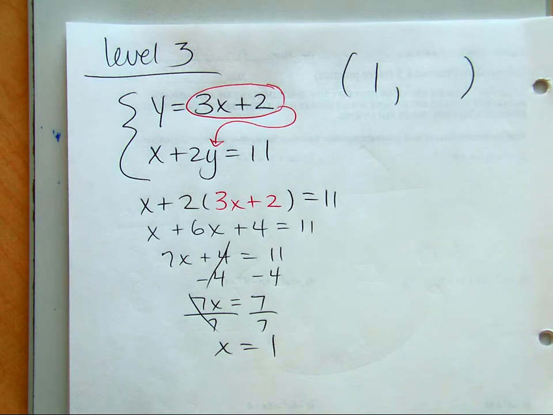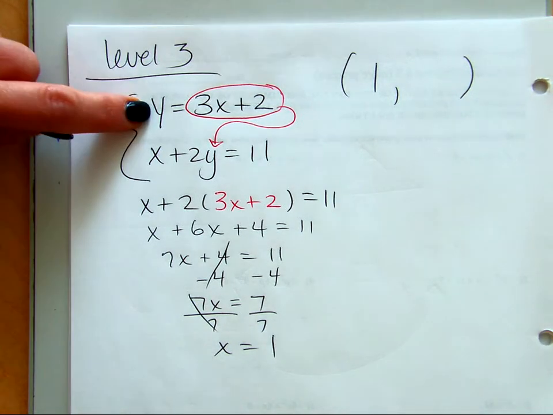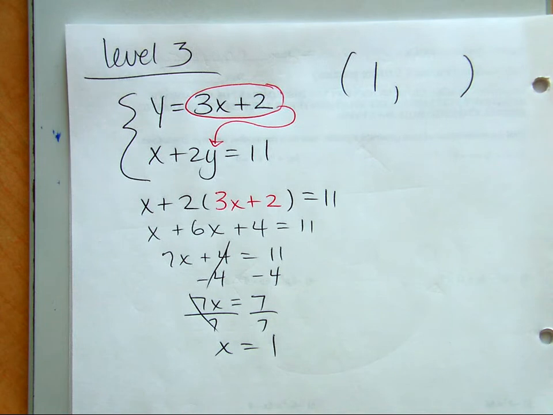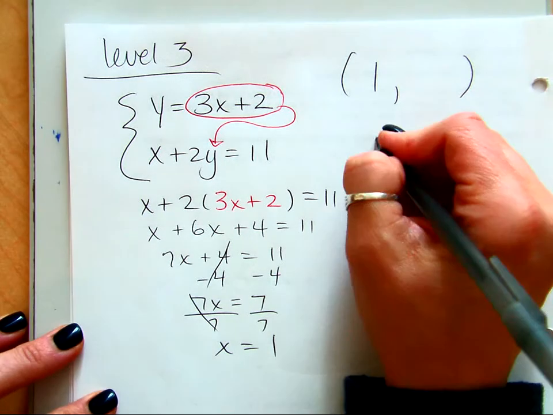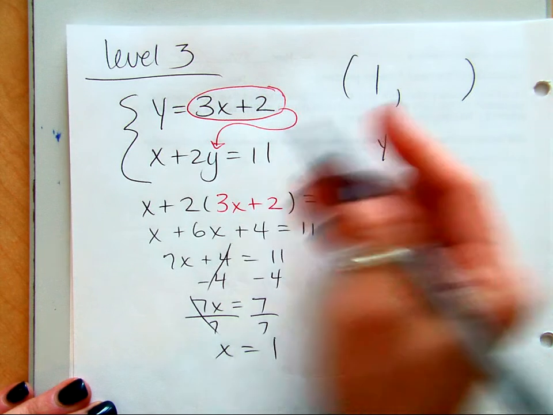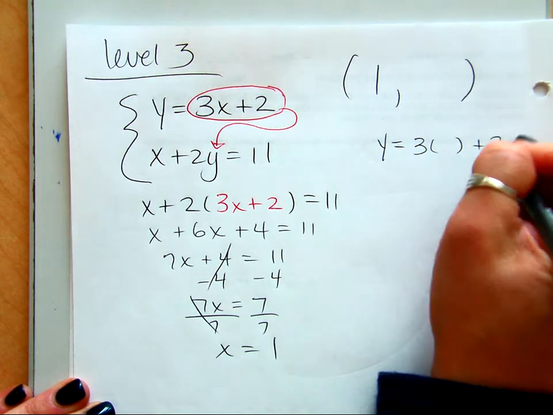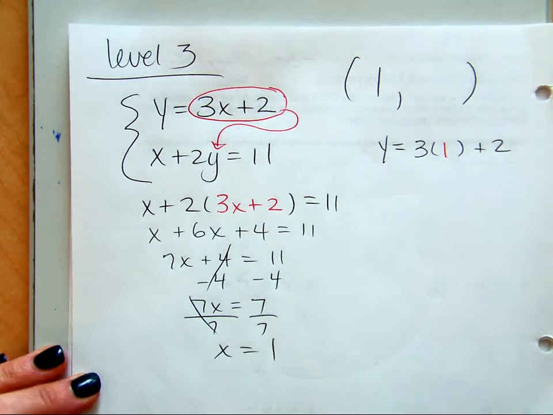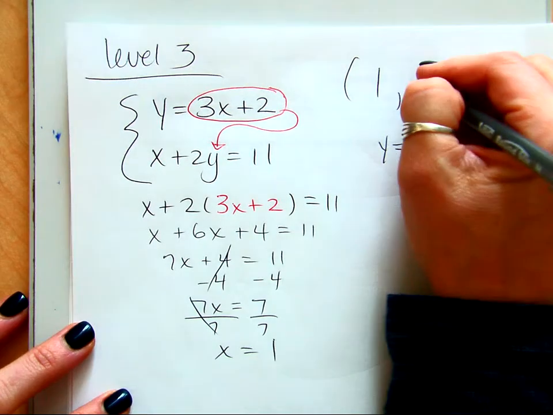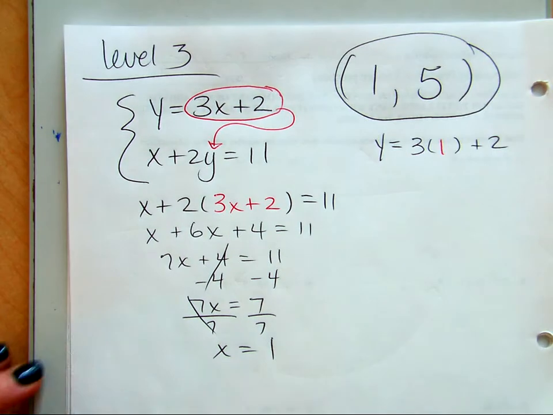The top. Because aren't we looking for y? And if y is already solved for, put 1 there and add 2 to it. Right? So the y value, and this part you can do in your head. I know that you know that 3 times 1 is 3, and 3 plus 2 is 5. So we have our answer using substitution.